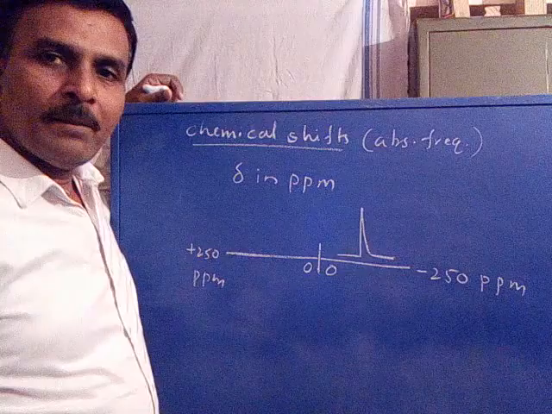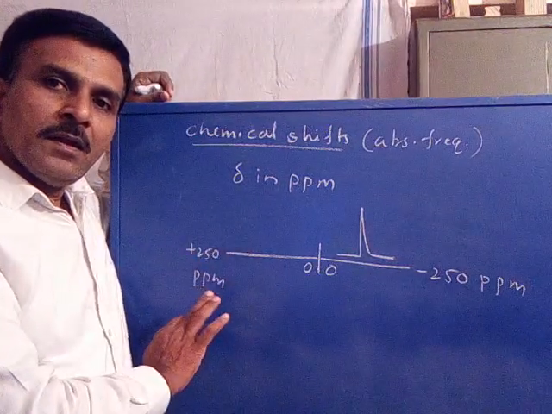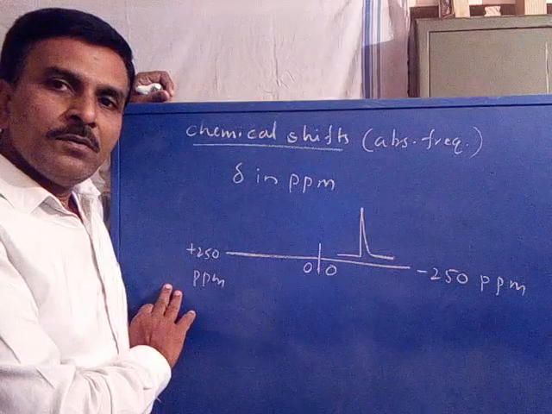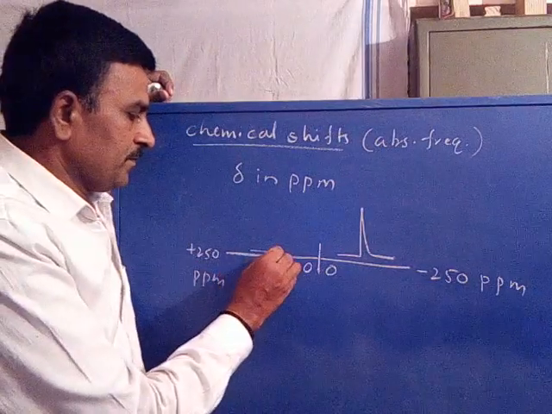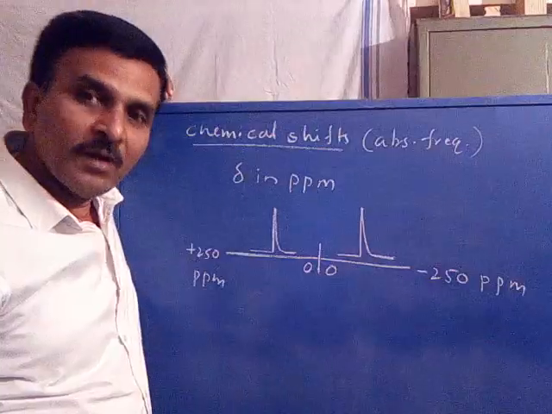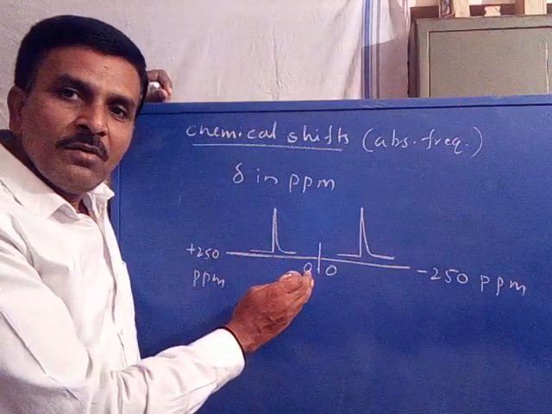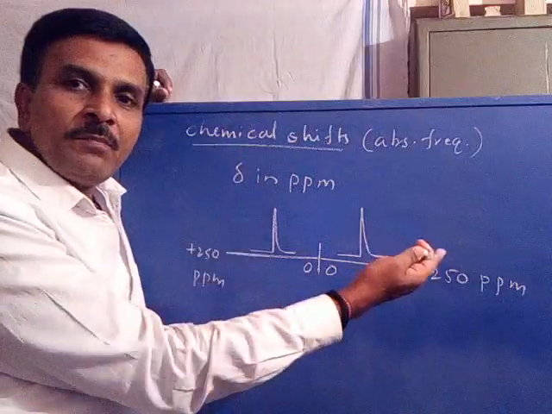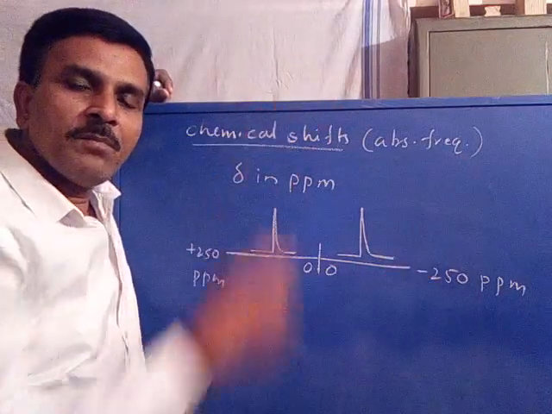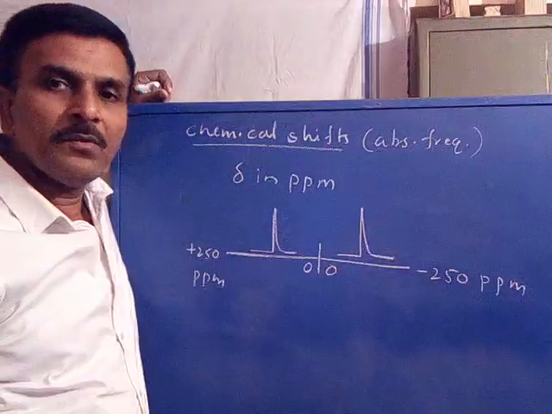Now in some other compounds, the absorption frequencies may lie from 0.0 to plus 250 ppm. So the absorption frequencies of phosphorus are sometimes downfield from 0.0, sometimes upfield from 0.0, depending upon the structure and nature of the phosphorus containing compound.